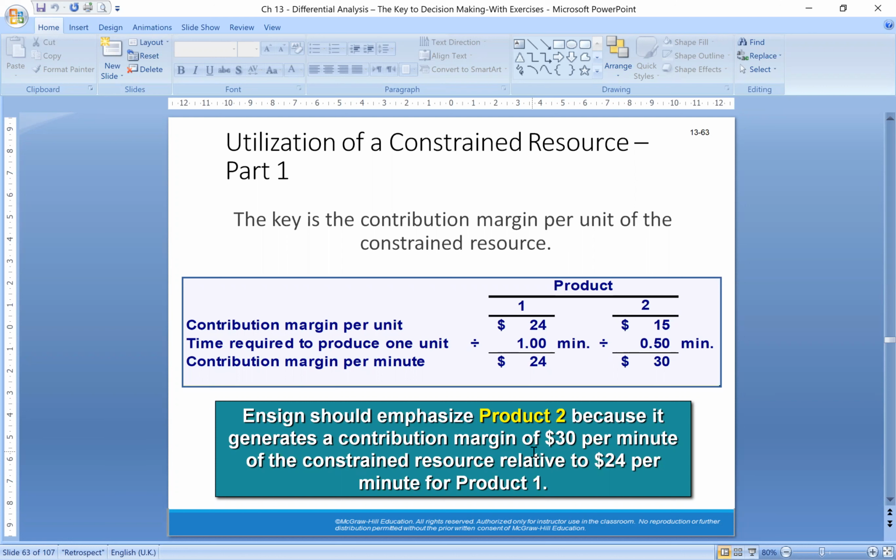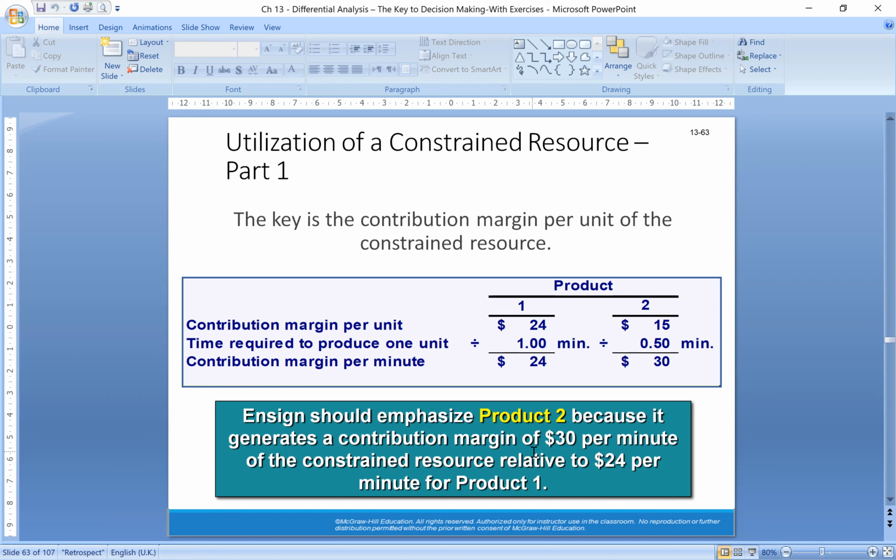Now, for product 1, the contribution margin per 1 unit is 24, divided by the minutes needed for product 1, which is 1 minute from the question. So the contribution margin per 1 minute equals 24. But for product 2, the contribution margin is 15, and the time required to produce 1 unit is half a minute, which means the contribution margin per minute will be $30.